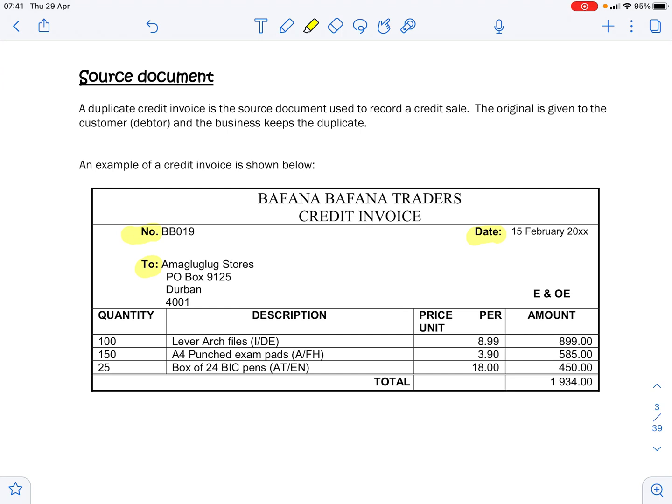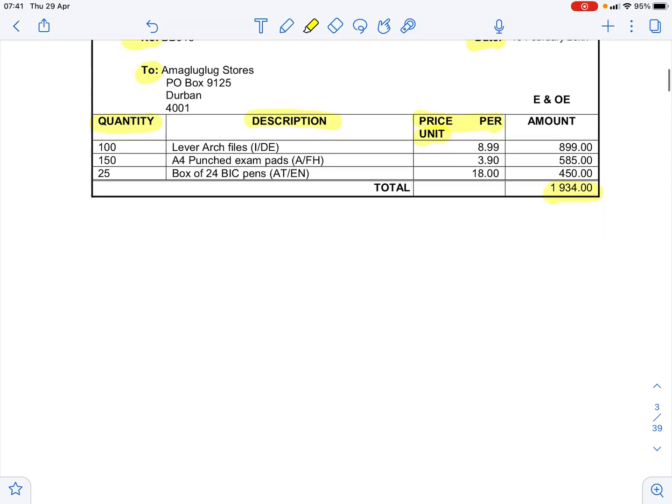Here we look at our quantity, so this is the amount of goods that we have. We have a description, so this is what has been sold, how much we charge per unit, as well as the total amount. Okay, so remember, credit sales, we are selling and people will then owe us money.